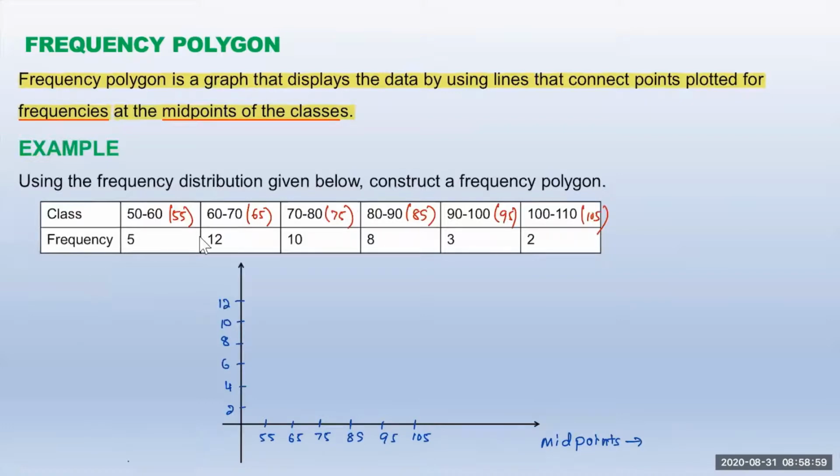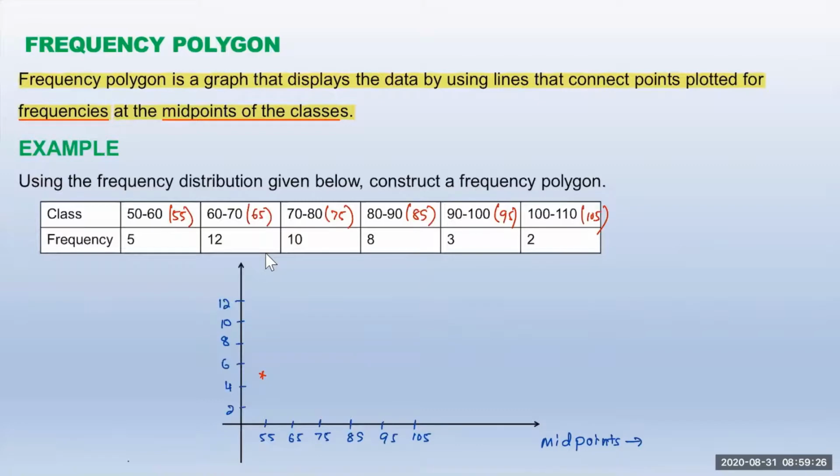Now, when the midpoint is 55, if you look at your screen, the frequency is 5. So let's plot that point: 55 and 5 is somewhere there. Next one, 65 and 12. When the midpoint is 65, the frequency is 12, all the way up there.